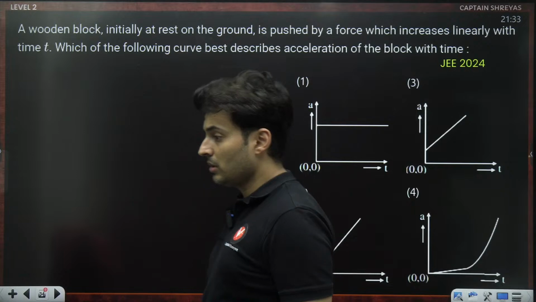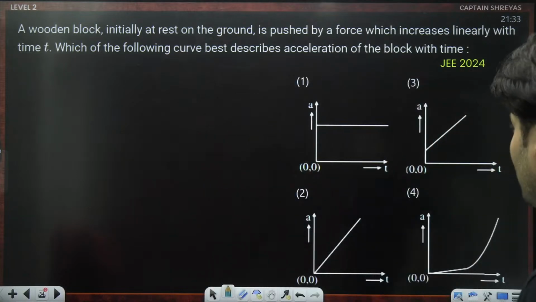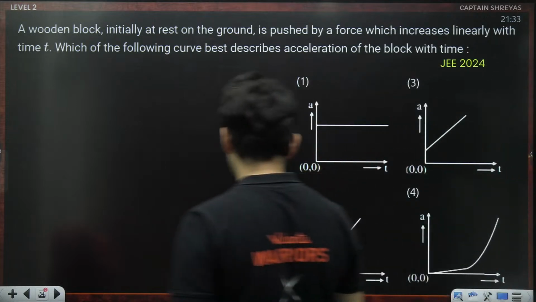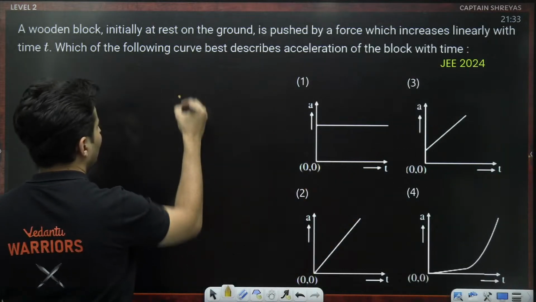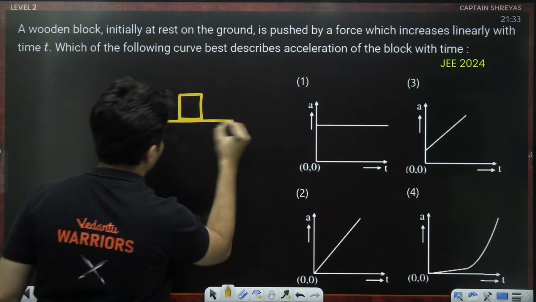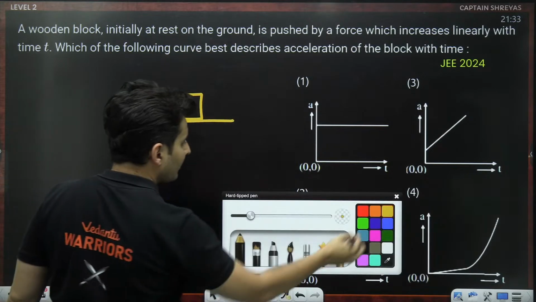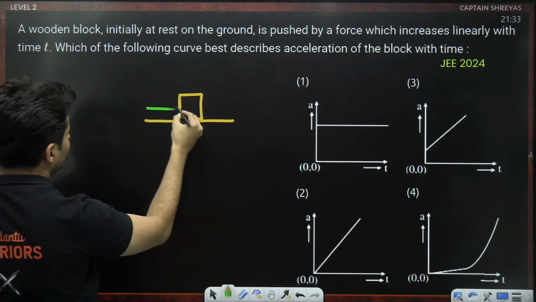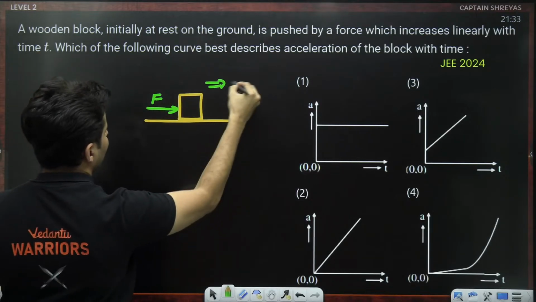180 is possible. A wooden block initially at rest on the ground is pushed by a force which increases with time. Which of the following curves describes the acceleration of the block? I don't know why this was such a thing. People thought this is complicated, but the surface was smooth. It was not mentioned anything. So this force is there, this acceleration will be there.